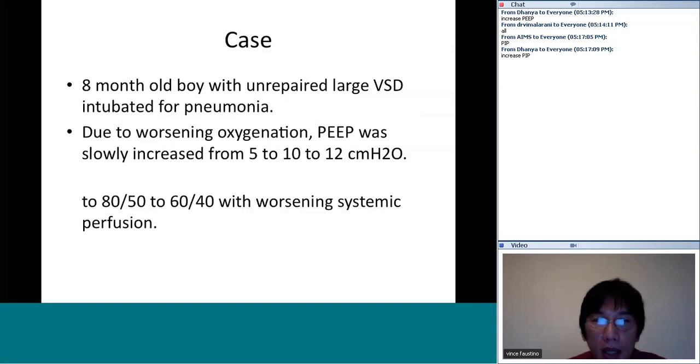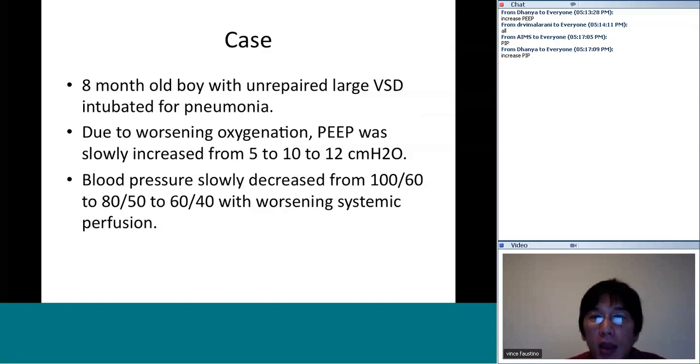Okay, next case. We have an 8-month-old boy with an unrepaired large VSD, intubated for pneumonia. Due to worsening oxygenation, PEEP was slowly increased from 5 to 10 to 12. As the PEEP increased, the blood pressure started going down from 100/60 to 80/50 to 60/40 with worsening systemic perfusion.